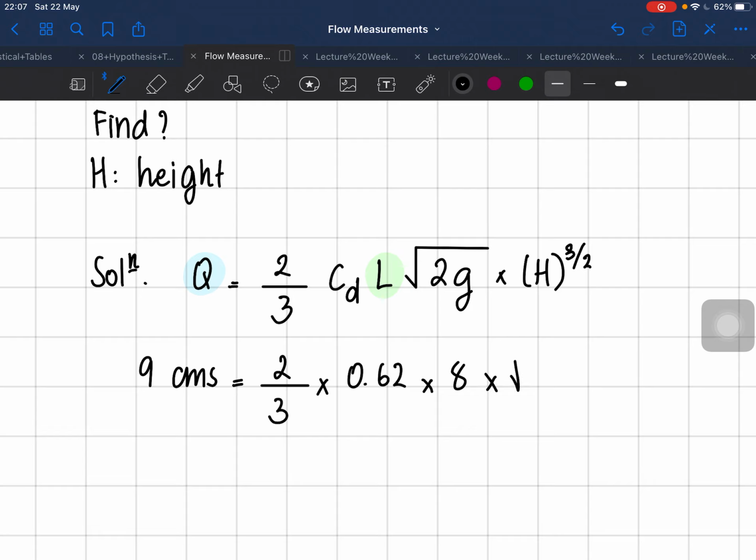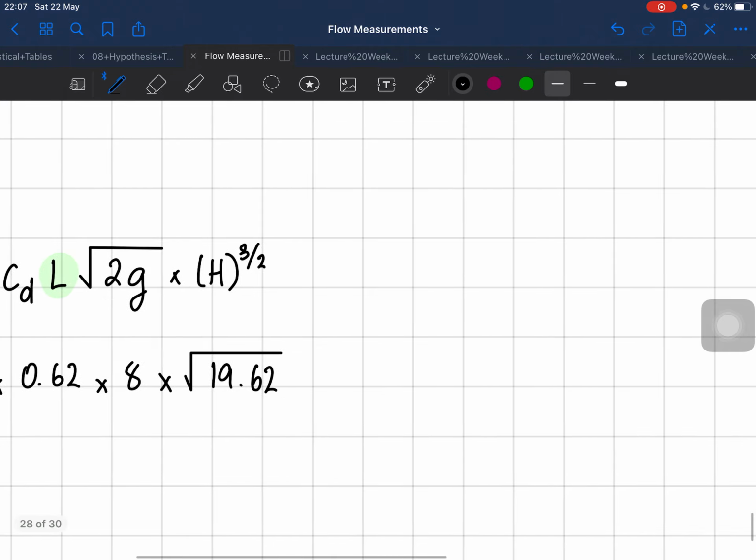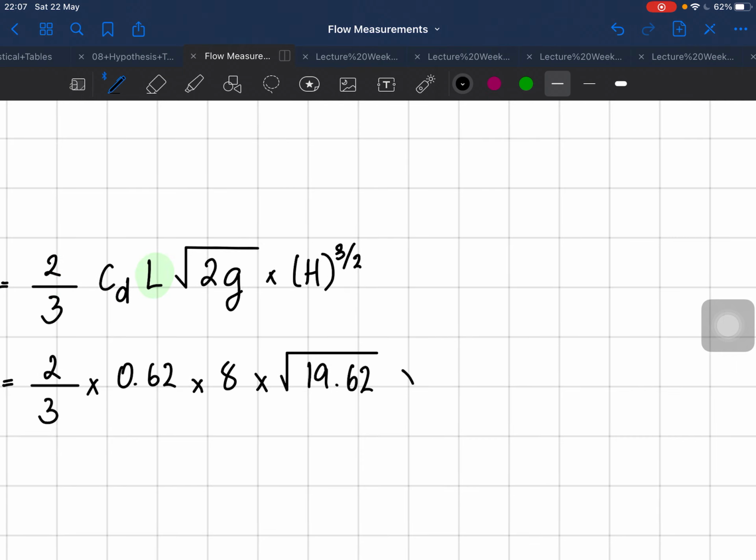Times 8 meters, times, everyone knows this, 19.62. Times H, we're finding the H here, to the power 3 over 2.